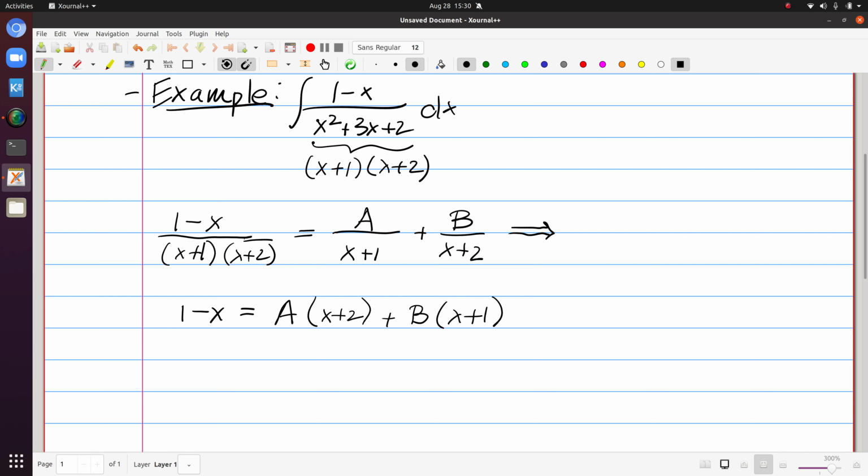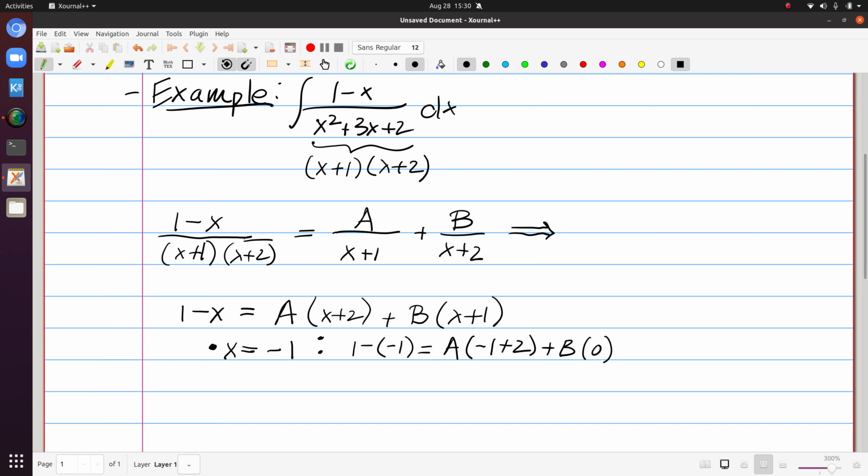And we're saying that this needs to hold for all x. What we can do to solve this is be strategic in plugging in certain values of x that will simplify this. In that case, it's really the roots of the factors. So notice that if I take that expression and drop in x equals minus 1, on the left-hand side, we get 1 minus a negative 1 is equal to A times minus 1 plus 2 plus B times 0.